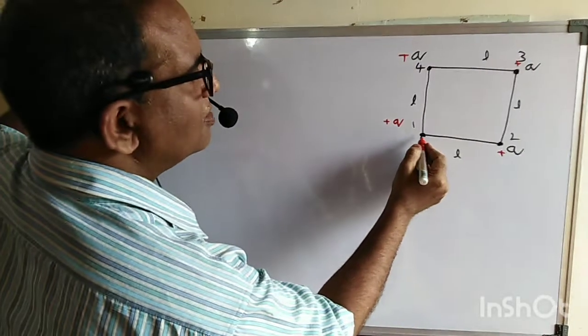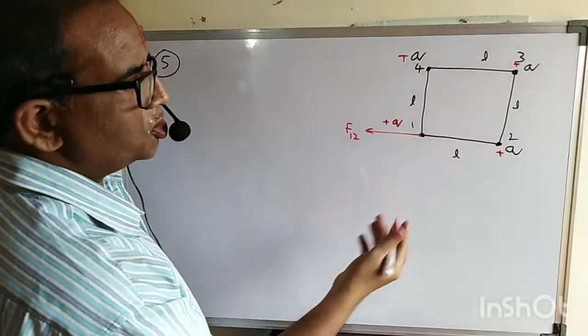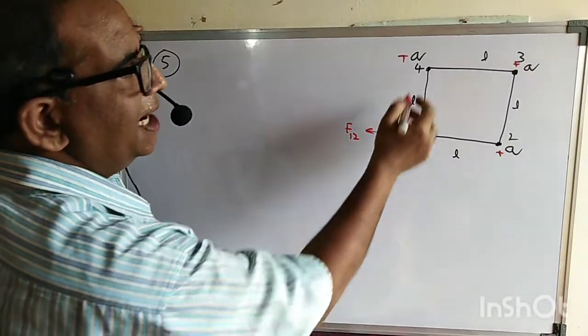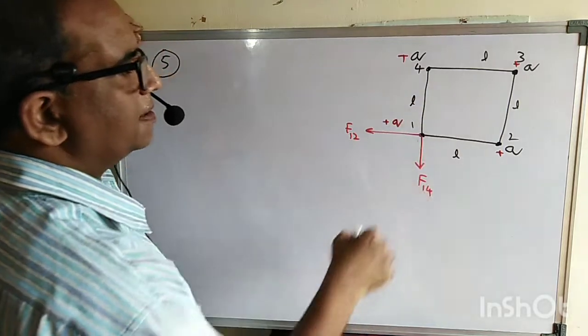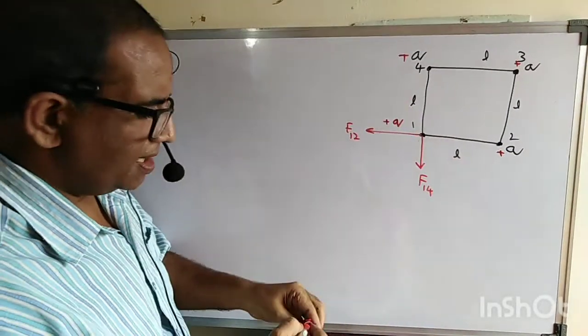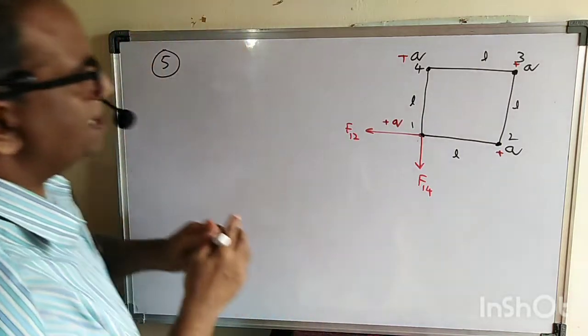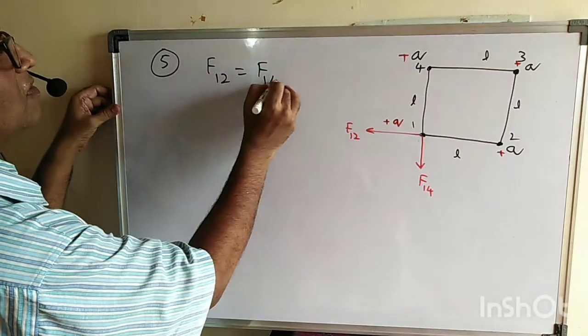Therefore, the force acting on 1 due to 2 is outward, because both are positive, repulsive. And the force acting on 1 due to 4 is also outward. Similar charges and the same distance. Therefore, I can write F12 is equal to F14.